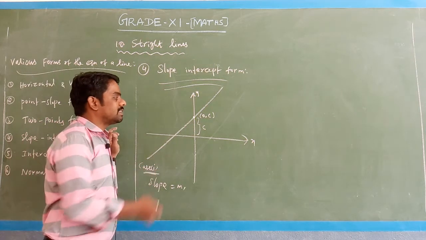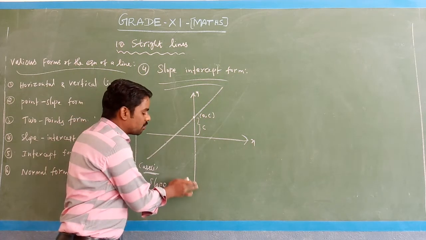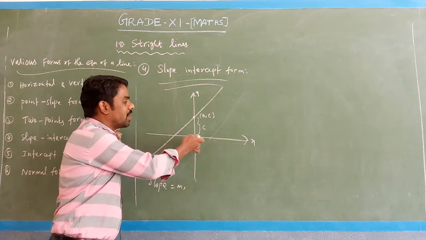This line passes through the point 0 comma c. The line cuts the y-axis, and the distance from the origin is c.